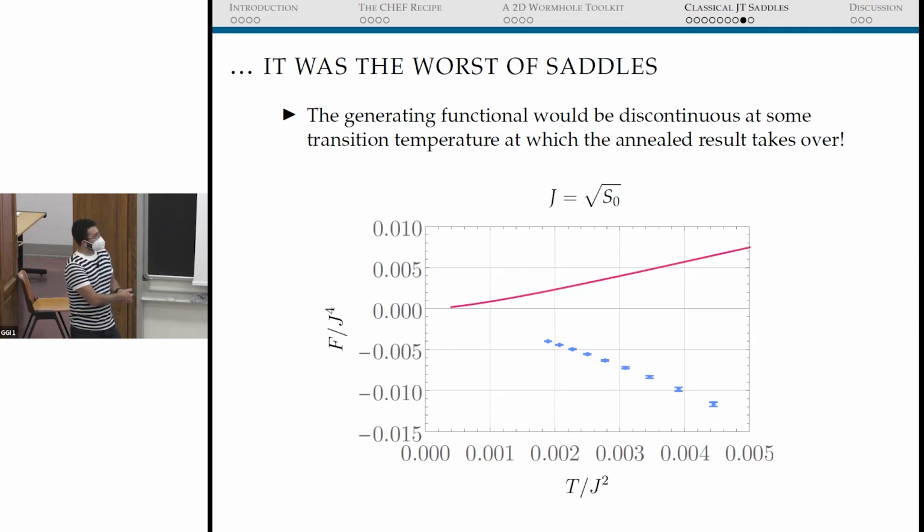But our saddles here don't want to do that. At some point, we will have a jump between this branch and this branch. It will go down eventually, but we will have a jump. There's a discontinuity. I didn't make an argument, and I should.